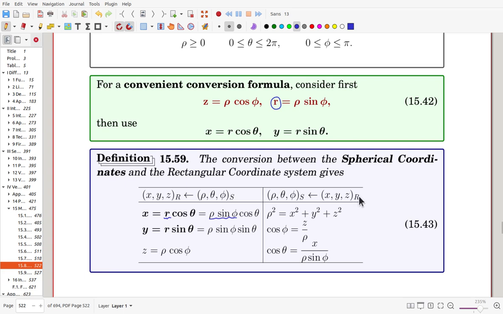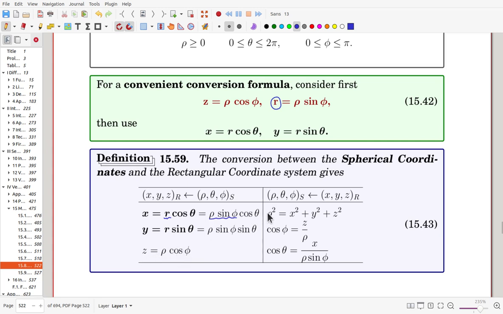From rectangular to spherical coordinates, we may solve these equations to get first rho, and phi, and theta. Rho comes from the Pythagorean theorem. And then from this one, cosine phi is z over rho.